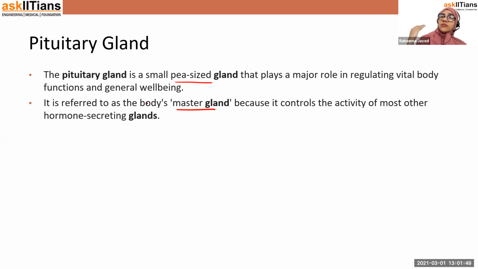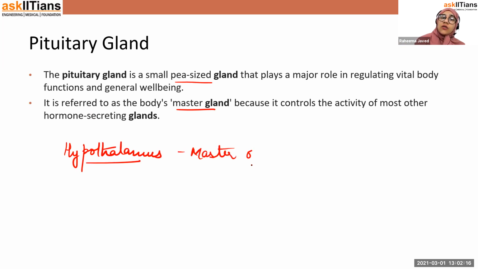We can still call it the master gland because it is responsible for controlling the secretion of all the other glands like adrenal gland, thyroid gland, etc. But hypothalamus is responsible for the functioning of only pituitary gland. Okay, so hypothalamus can be known as the master of the master gland.